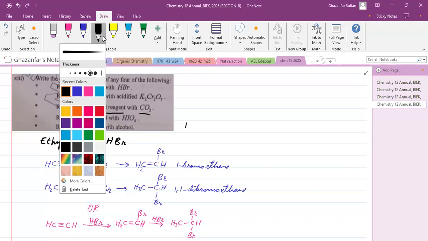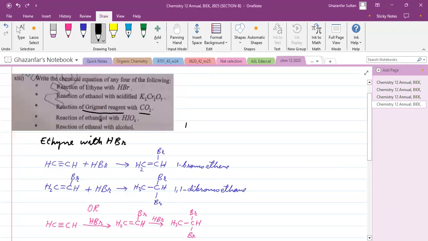The next reaction is the reaction of ethane diol with HIO4, that is periodic acid. The name of this compound is periodic acid.